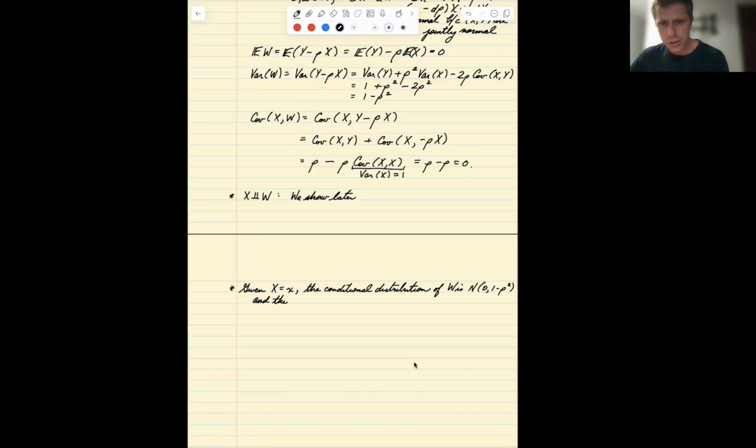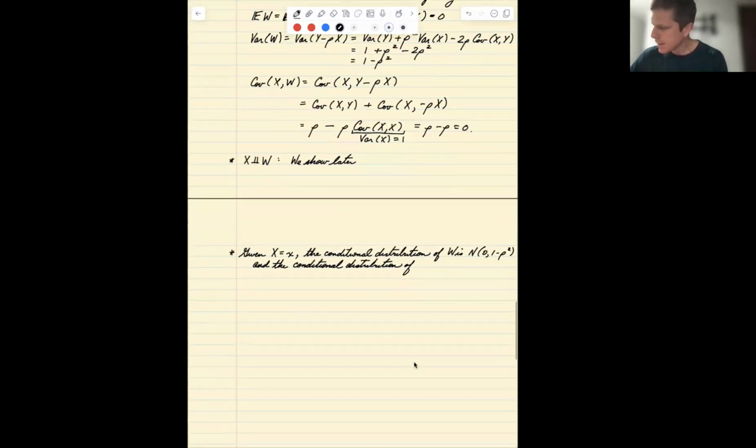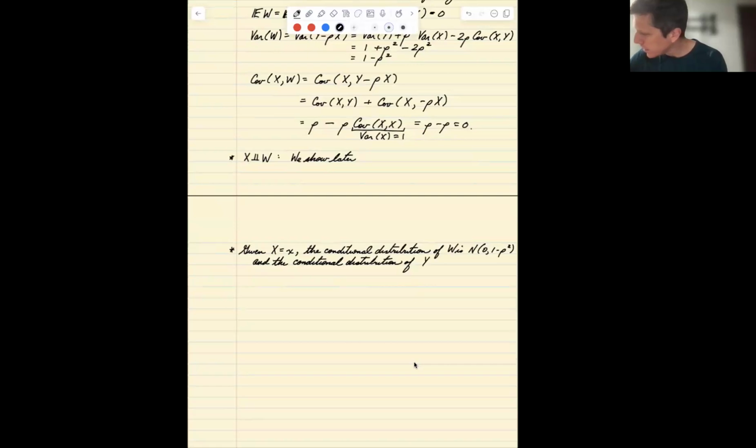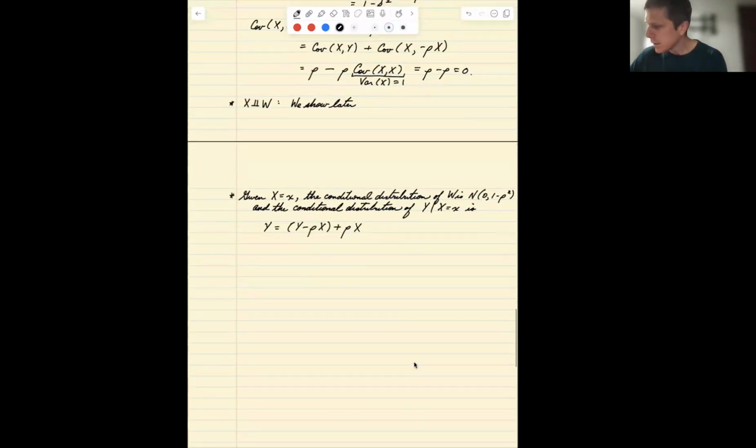And the conditional distribution of Y given X equal to little x is, well, we can write Y as Y minus rho X plus rho X, right?